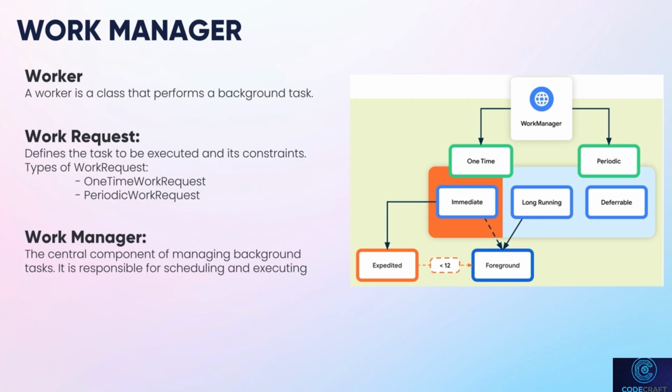It ensures that tasks are executed reliably and efficiently, even when the app is not in the foreground. Developers obtain an instance of WorkManager using the WorkManager.getInstance method and use it to enqueue and manage background tasks, observe their progress, and handle task completion and errors.